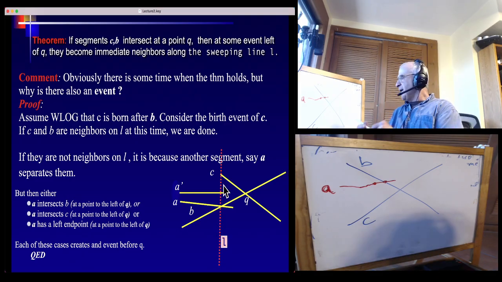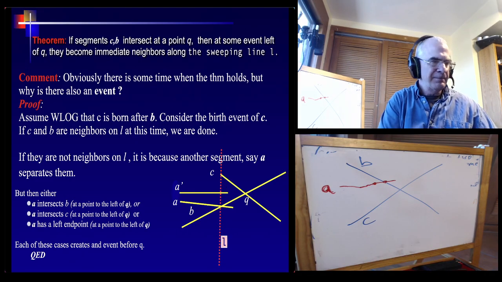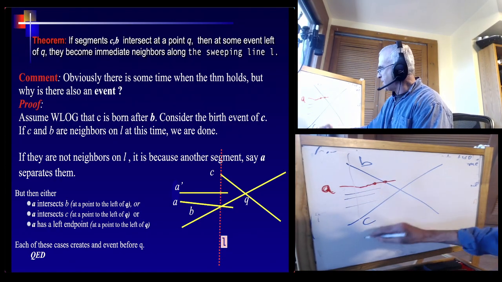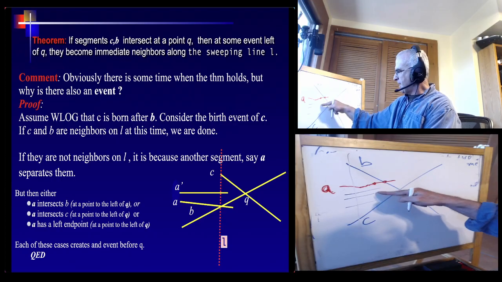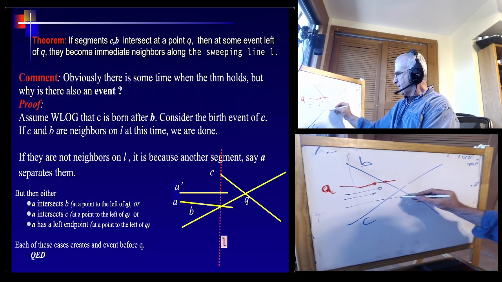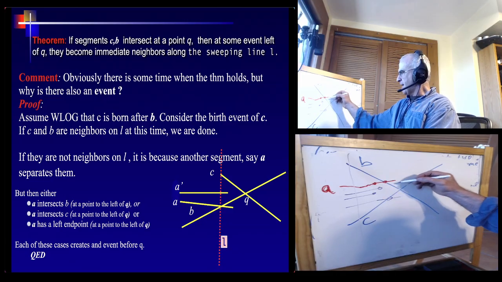But all the segments that separate B and C at this moment, each one of them must either terminate or cross either B or C in some intersection point.